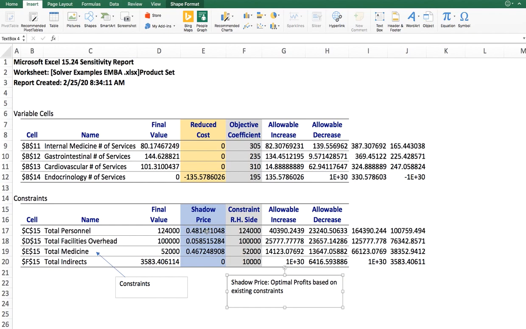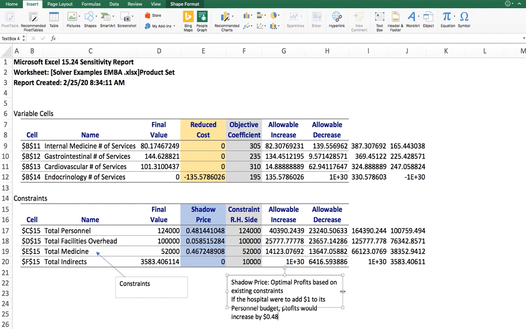The shadow price for that is 0.48, or 48 cents, which basically means if the hospital were to add $1 more to its personnel budget, profits would increase by $0.48, right?